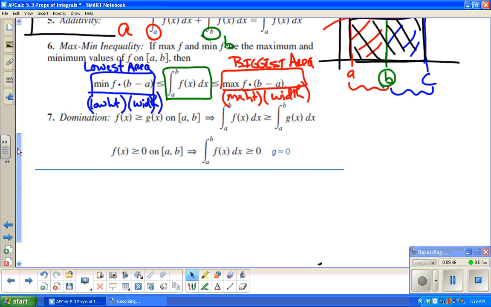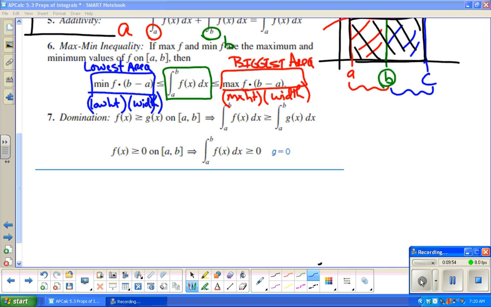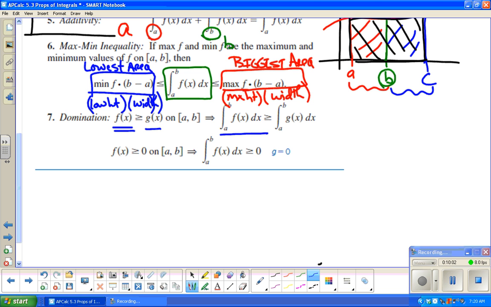And then the last property, number 7, is kind of similar. And again, I don't see it used as often. If I have a function that is always bigger than another function, then the integral should be bigger than the other integral.